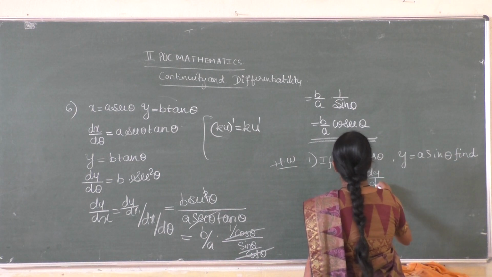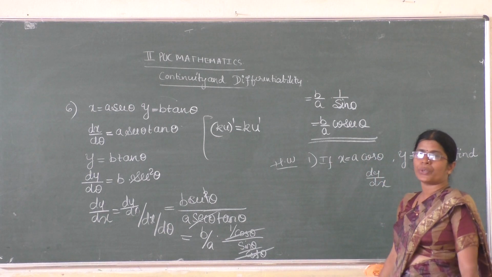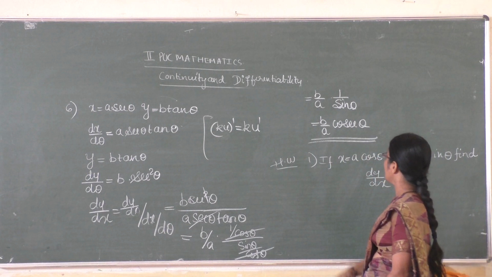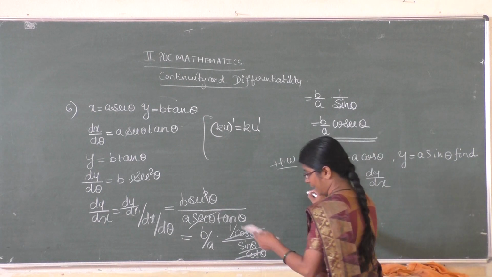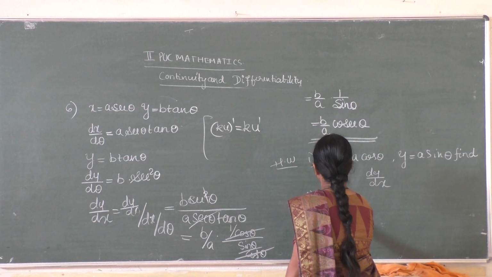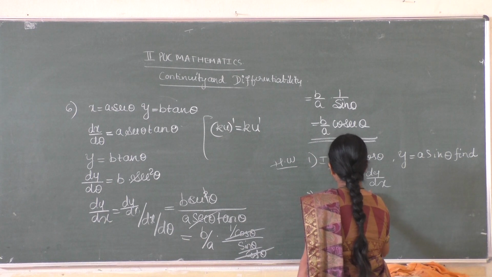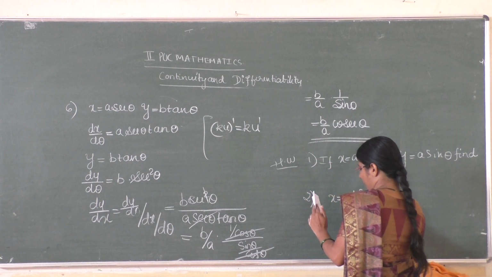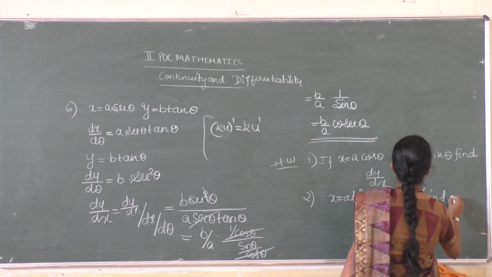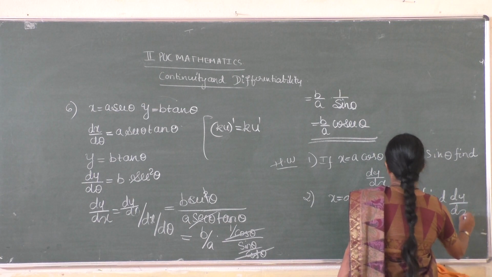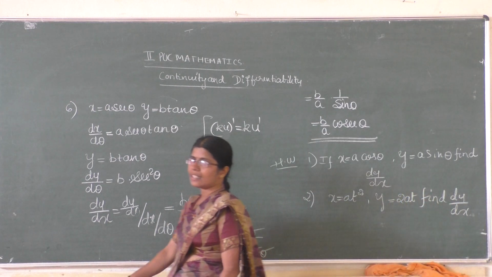So here parameter is theta, so you have to find the derivative of x and y with respect to theta. Then you have to find dy by dx. And another one, x is equal to at square, y equal to 2at, find dy by dx. Okay, so here the parameter is t.